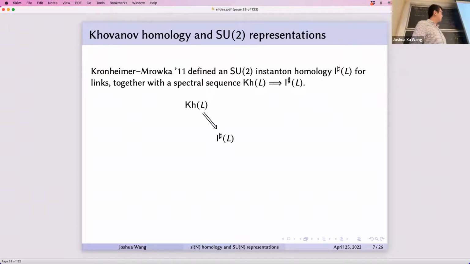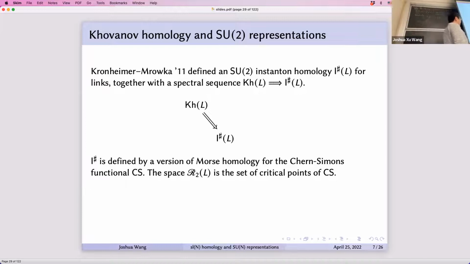I won't say too much about it, but I sharp is some kind of Morse homology for a function called the Chern-Simons functional. And the way that this representation variety shows up is that it's the set of critical points of this function.